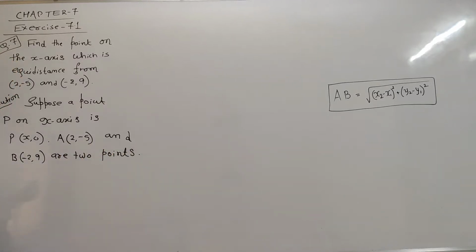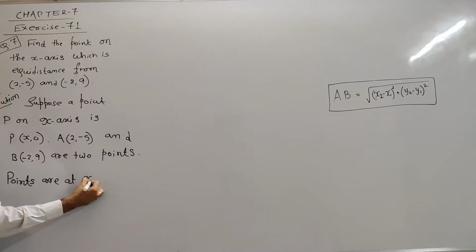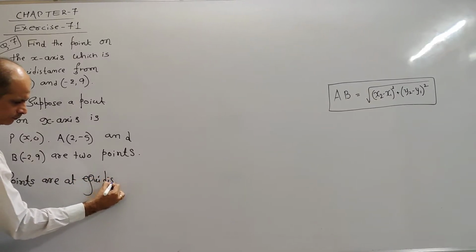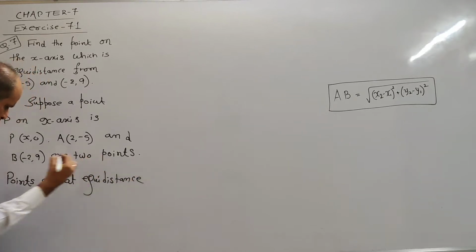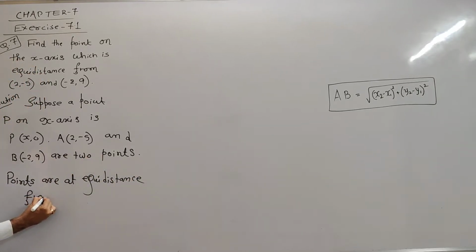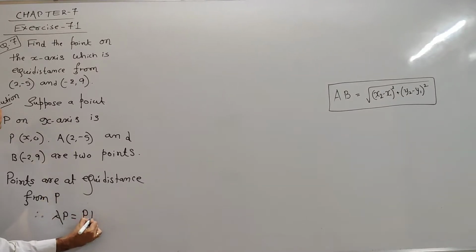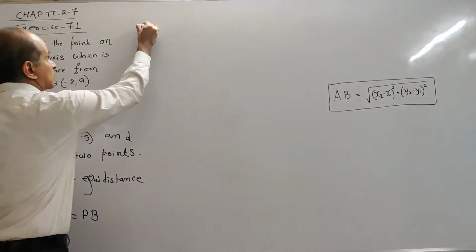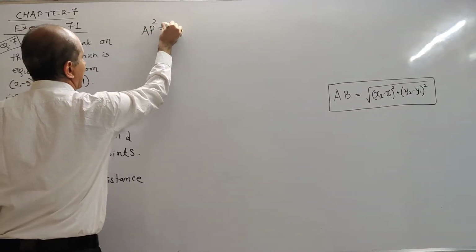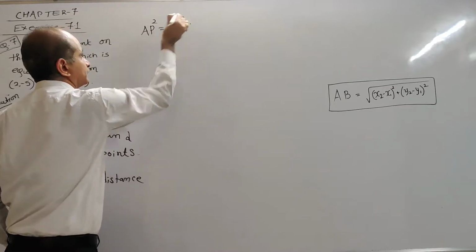This point P is equidistant from A and B, so the points are at equal distance from P. Therefore you can say AP is equal to PB. So you can also write AP square is equal to PB square.